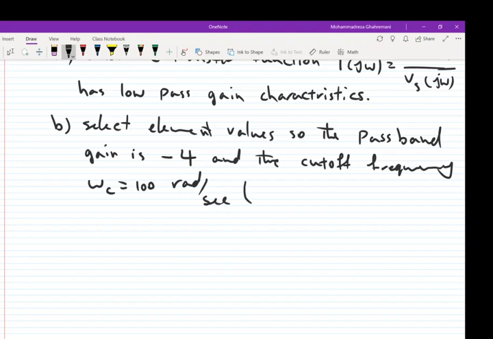Okay, we know that omega is 2 pi f, so the frequency will be 15.9 hertz. So here we are designing an actual filter.